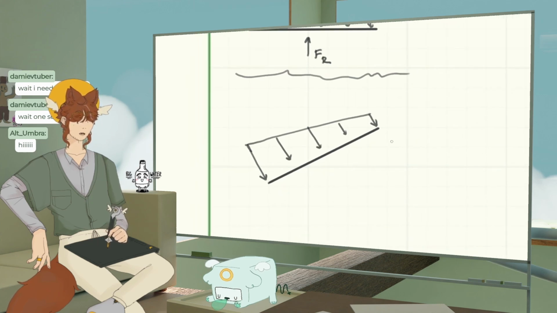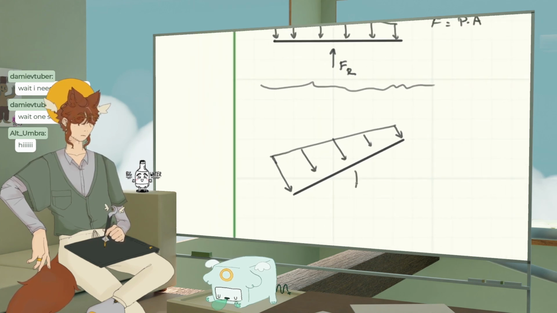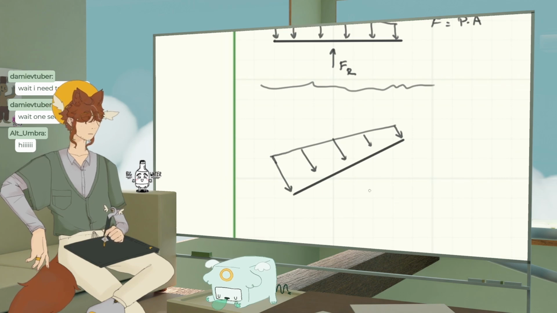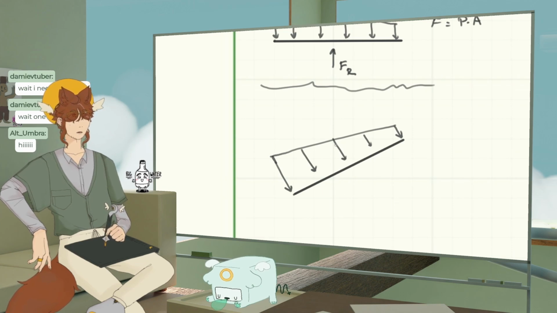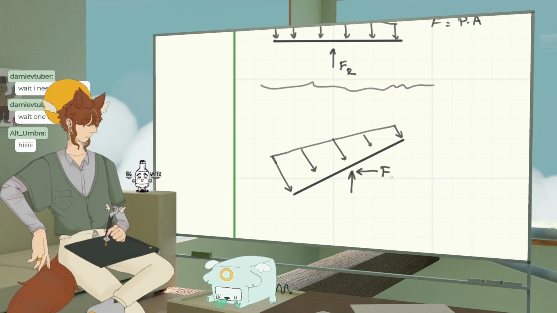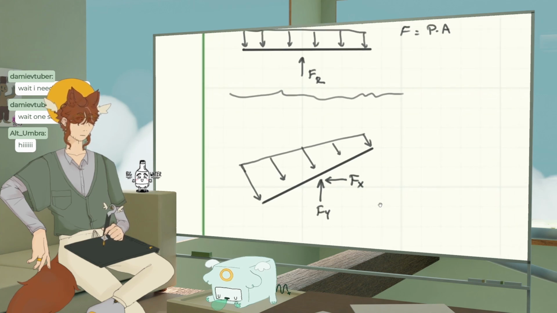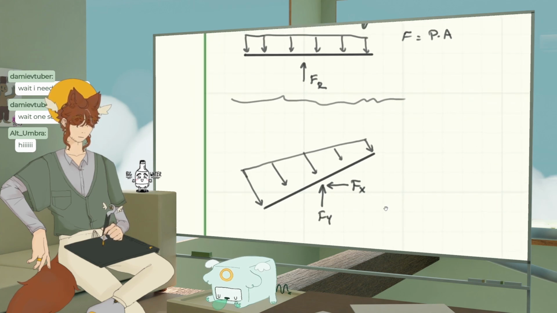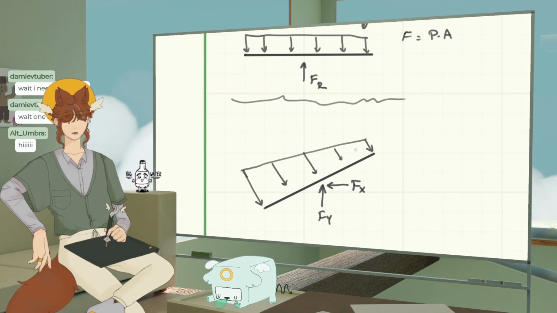So to be able to find this, it's not as simple as just saying, well, there's a force here, and we just say the area. We need to figure out how much this force is, how long it is, and also where to put it. Because ideally, if we want to say what is the reaction necessary in this direction and this direction at a certain point, so Fx and Fy, we need to describe this in a slightly different way.